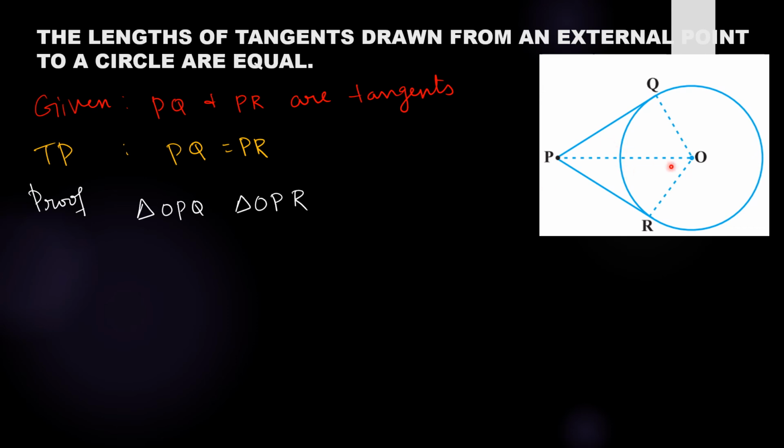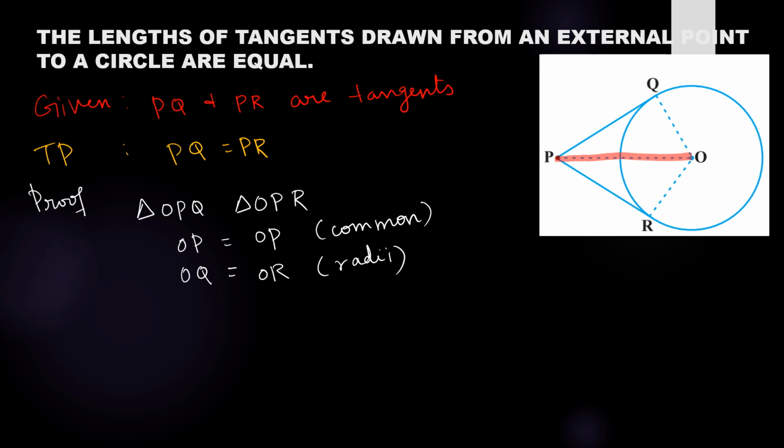First, OP equals OP, common to both. Next, OQ equals OR, since these are radii.